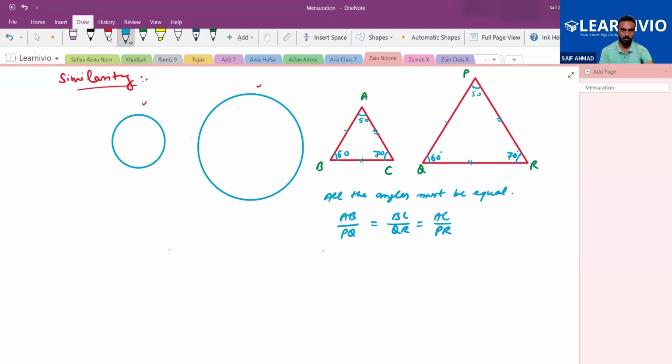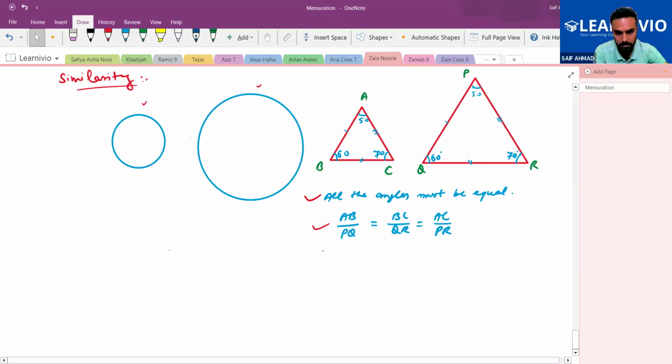These are the two rules. These two must hold for triangles to be similar. Understood? Yes.